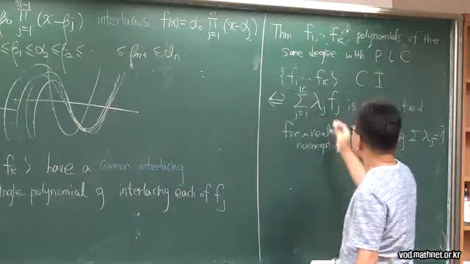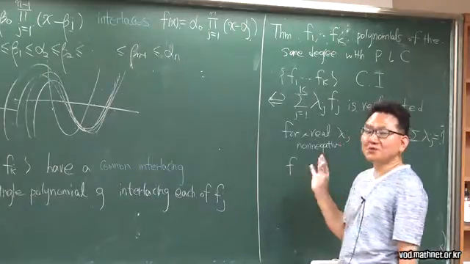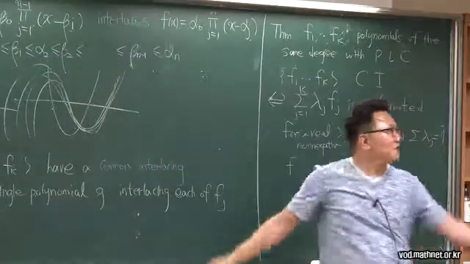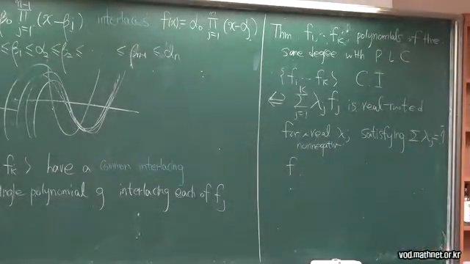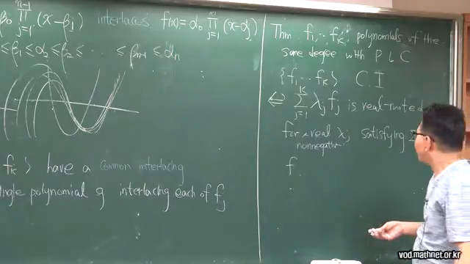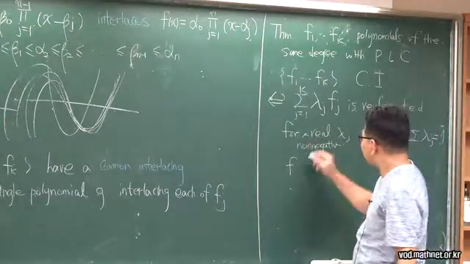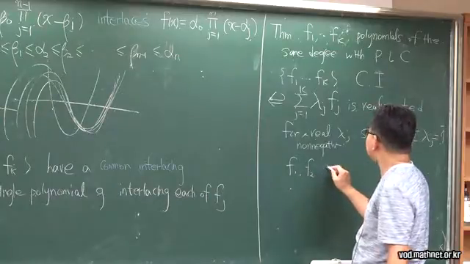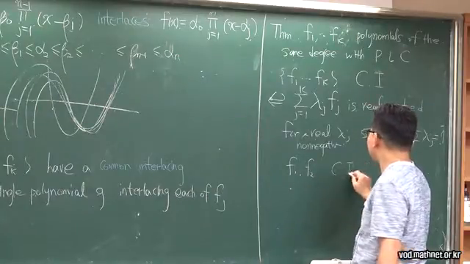So actually, for k is equal to 2, we only needed that one because S sub j, each finite set just has 2 elements, plus and minus 1. But anyway, so f sub 1 and f sub 2 have a common interlacing.